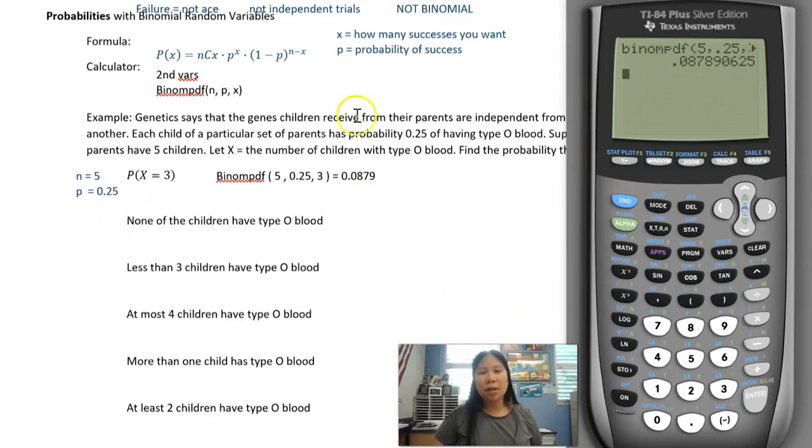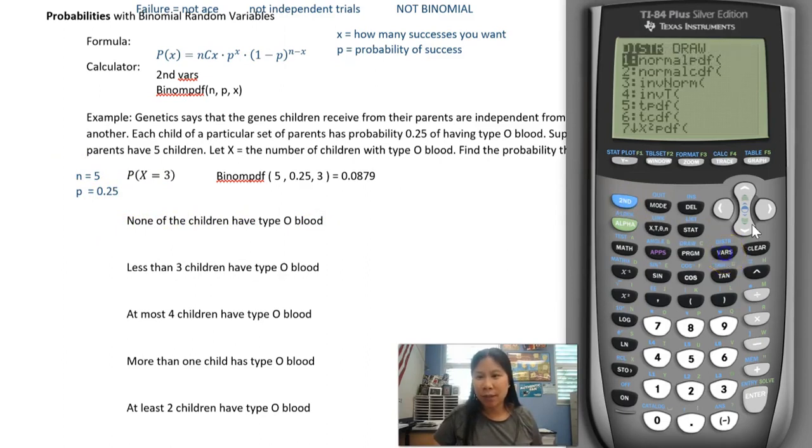So the next one, same situation, but here we are looking to see the probability that none of the children have type O blood. None of the children means that we're asking about the number 0 then. So in this problem, X is going to be 0, but N is still 5, P is still 0.25. So we can find the probability in our calculator, second vars again, scroll down until we see Binomial PDF.